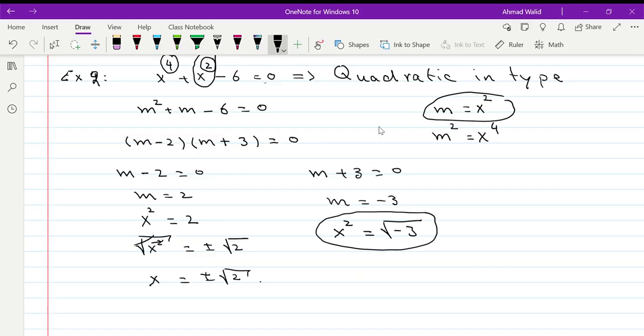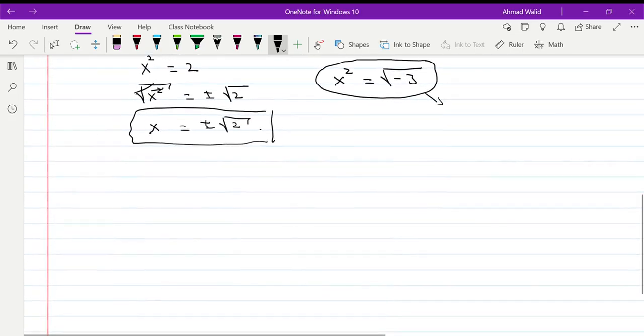And we know negative numbers don't have a square root. If you want to take the square root of them, we call them imaginary numbers, correct? That's why we know these two are not the solutions of the equation. Our equation has only two solutions, which is x equals plus minus square root of 2, correct?